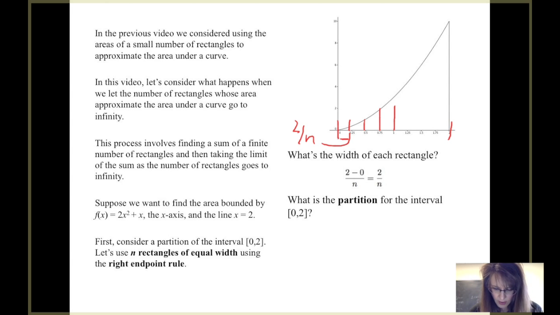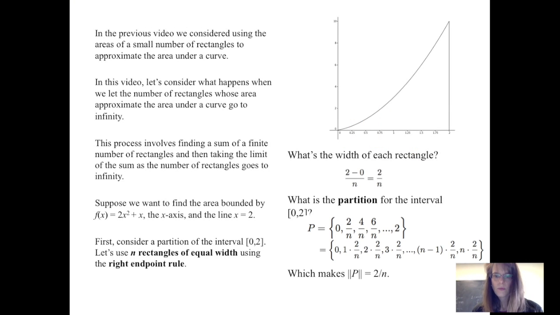So this right here would be 2 over n. If this width is also 2 over n, this is going to be at the mark 4 over n. If we have a width of another subinterval of 2 over n, then this is going to be the mark 6 over n, and so on. And we're going to continue. So therefore, our partition will be the points 0, 2 over n, 4 over n, 6 over n, and then stop when x is equal to 2.